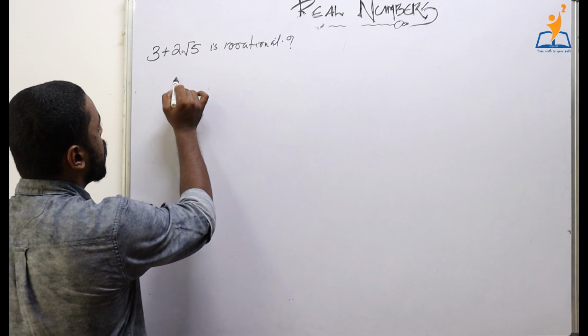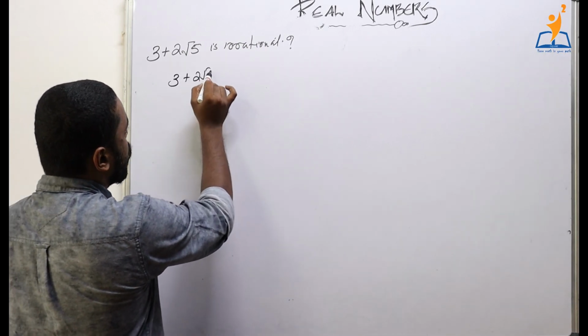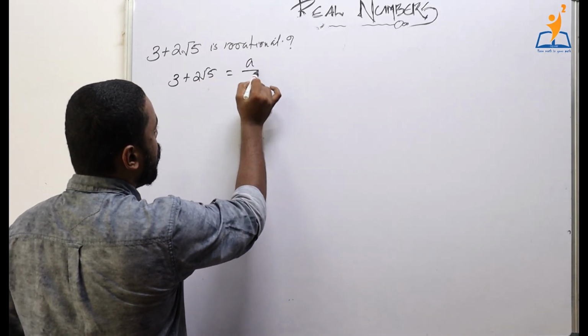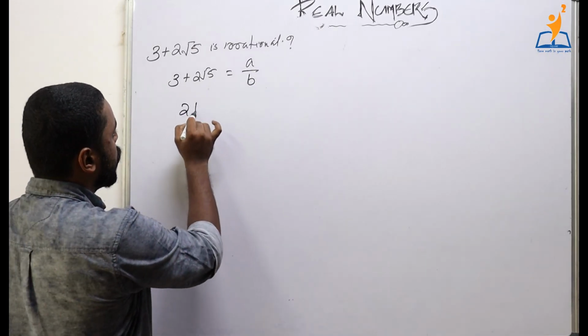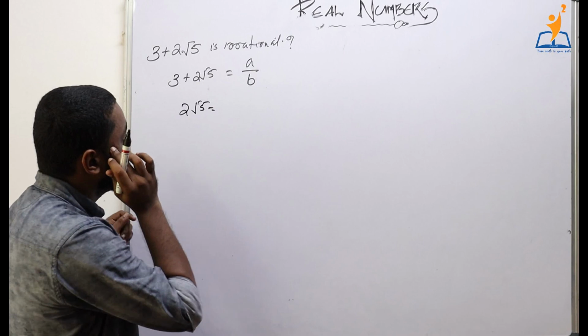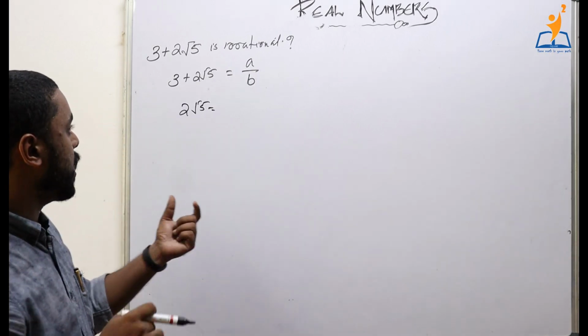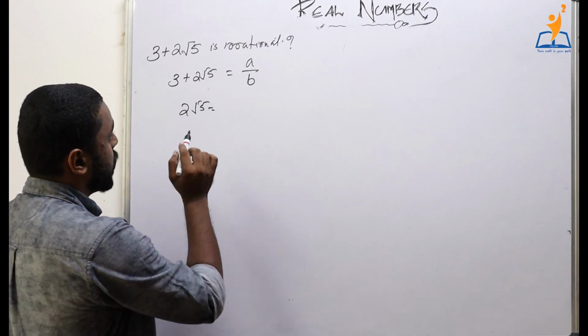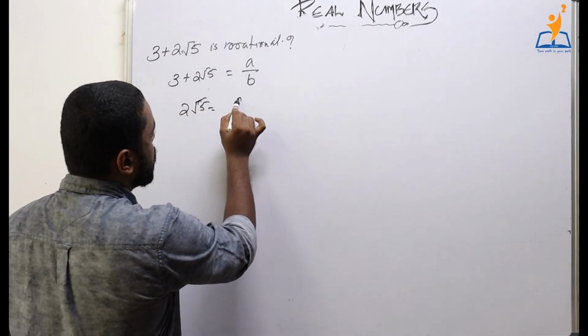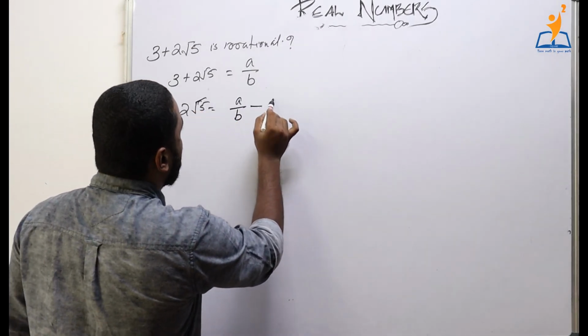So we have 3 plus 2 root 5 can be expressed in the form a by b. Now, this is a little bit different procedure from the previous problems, so look at it carefully. 2 root 5 is equal to a by b minus 3.